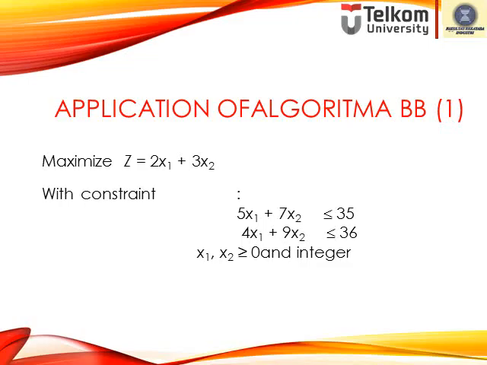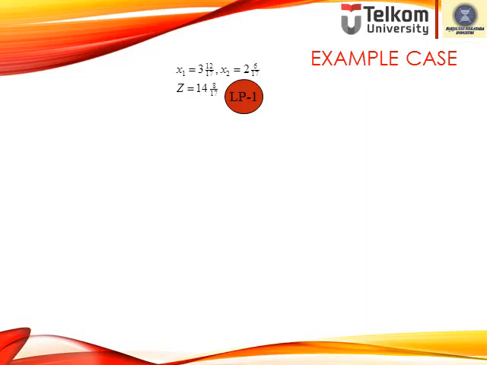Application of the BB algorithm. The example is: maximize z equals 2x1 plus 3x2, with the constraints 5x1 plus 7x2 less than or equal to 35, and 4x1 plus 9x2 less than or equal to 36. x1 and x2 are more than or equal to 0 and integers.